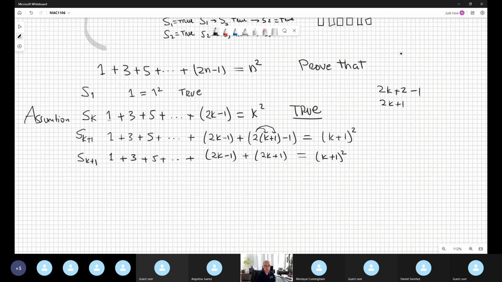We suppose that this is true. Therefore, if this is true, we can replace this part for k squared. K squared plus 2k plus 1 should be k plus 1 squared.